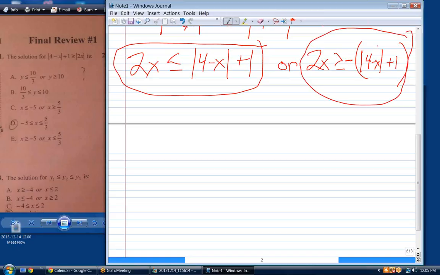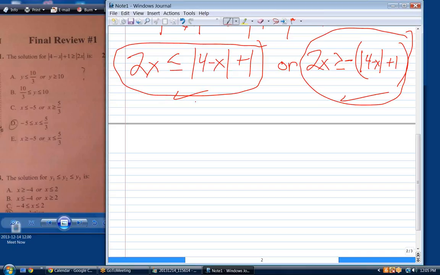So we might get four answers. Some of them might be the same, but that's the way we're going to proceed. In other words, you eliminate one absolute value sign per step. Notice that we now have two inequalities that we can solve rather easily because each one of them only has one absolute value in it.